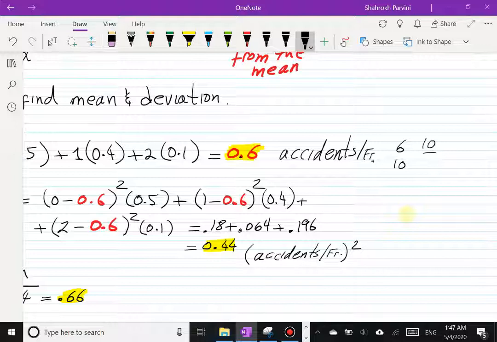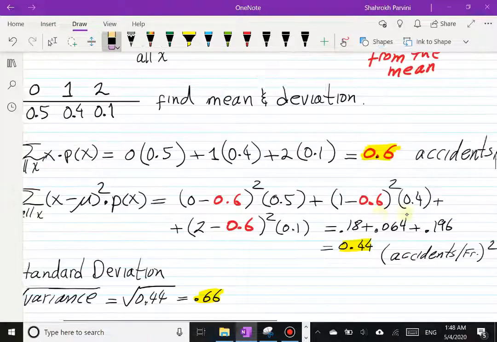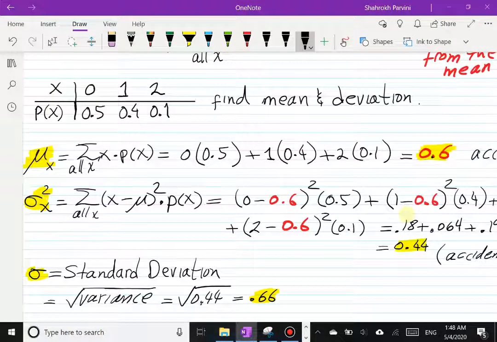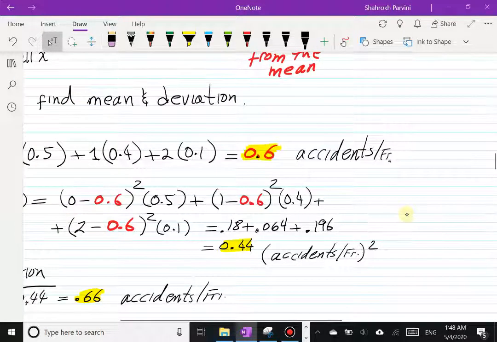Which really doesn't make sense, does it? Accidents per Friday squared. So it is for that reason that we take the square root of this number. The square root of that number is 0.66. This is back to the original units, accidents per Friday.